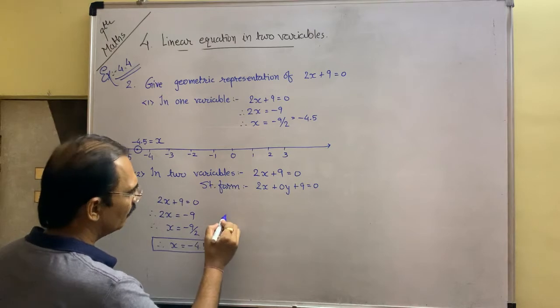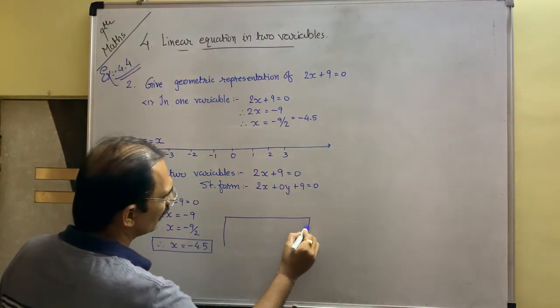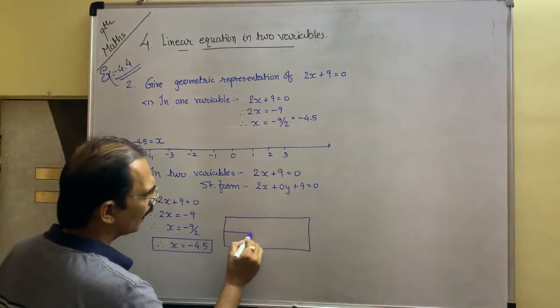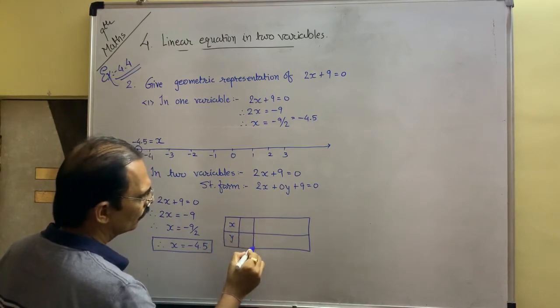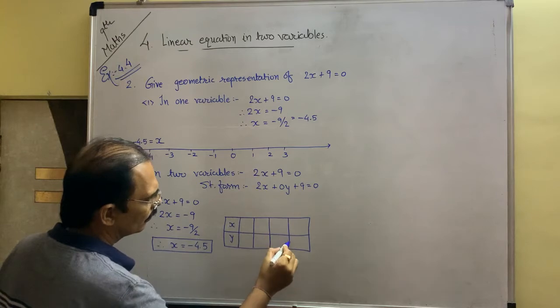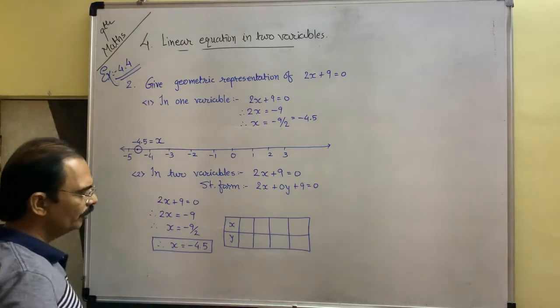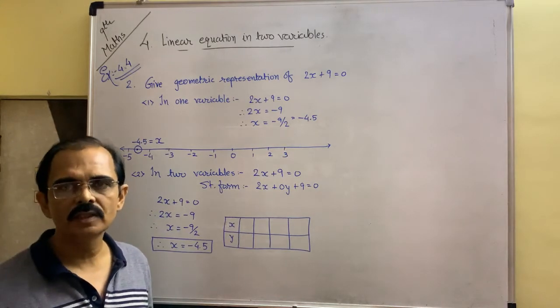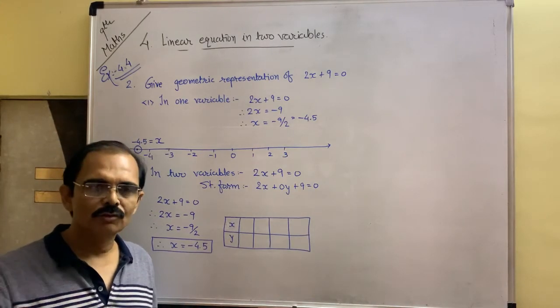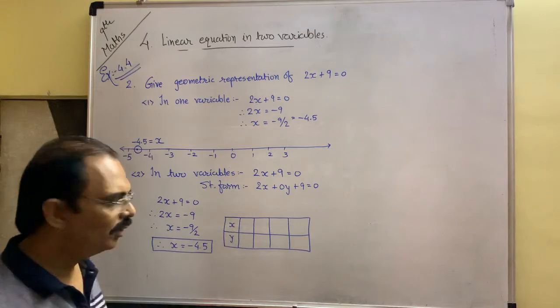And now draw the graph for the same. I told you here x equals to minus 4.5, y is not given. If y is not given, then you can suppose y randomly, whatever you like.